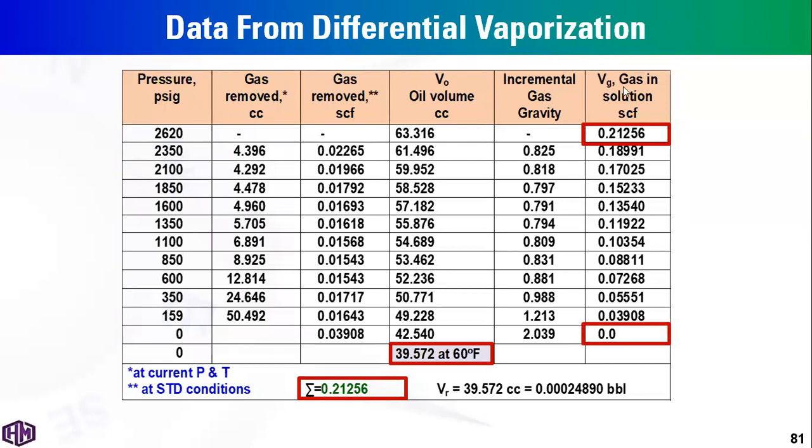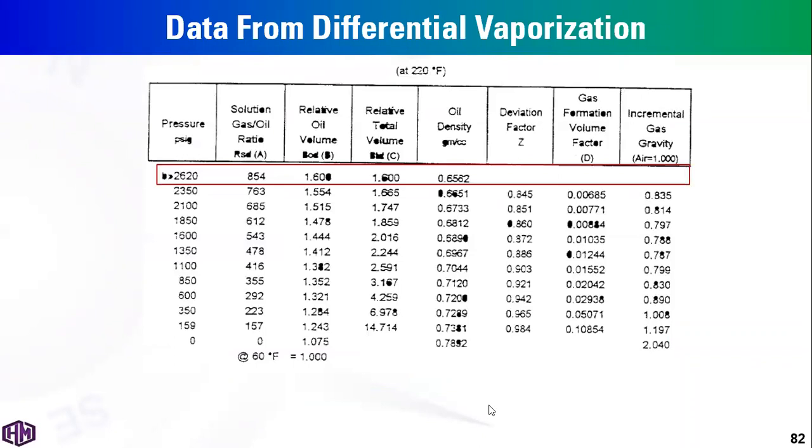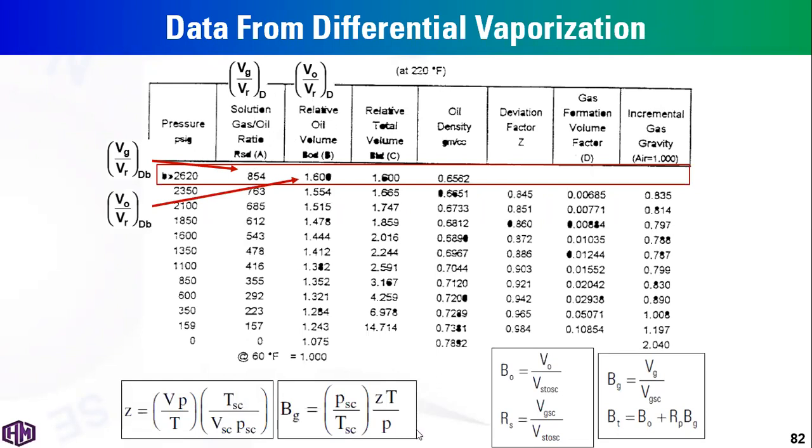At zero pressure, we have no gas in solution, which means Rs equals 0. And this is the raw data. We can calculate the gas volume relative to the residual oil, and accordingly we can calculate the oil formation volume factor and solution gas oil ratio using these definitions.